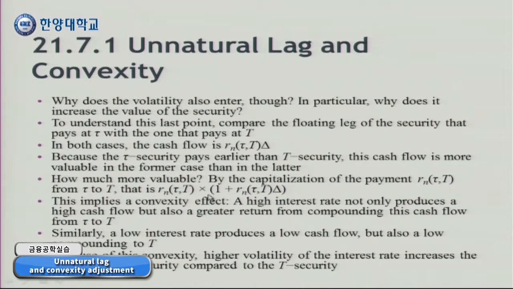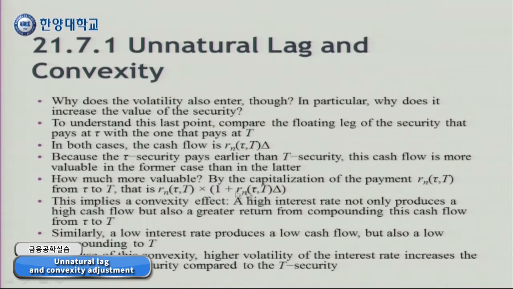In comparison to receiving the cash flow at big T, the difference is exactly the ratio of this one and this one. Now if we receive the cash flow at tau, in comparison to receiving it at big T, we have to calculate the future value of this one from tau to T. In order to calculate the future value from tau to big T, we have to multiply by this one.